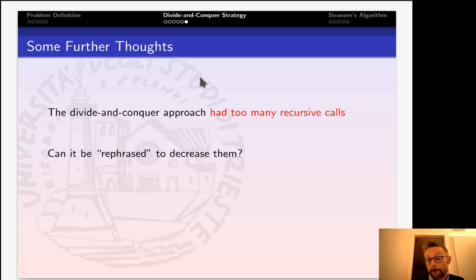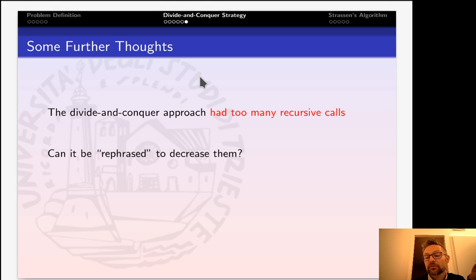Okay, but someone, and in particular Professor Strassen, asked himself, can we somehow rephrase the problem in the divide and conquer strategy in a way to avoid some of the recursive calls?